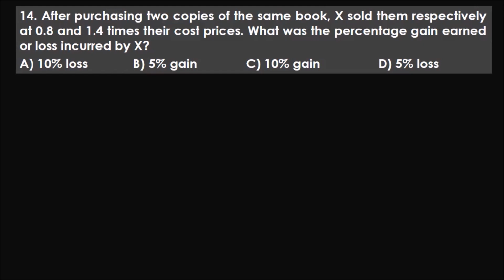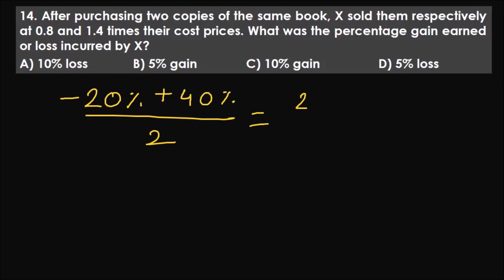That is, the first one is a 20% loss, so minus 20%, and plus there's a 40% gain, so 40% divided by 2. This is equal to 20% divided by 2, that is equal to 10%. And obviously it is a gain. If it were a loss, it would have been minus 10%. But since it is positive, it obviously is 10% gain.